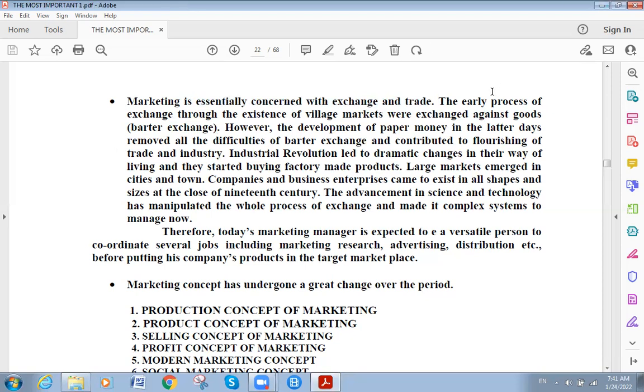But since money was developed later, this removed the difficulty of barter exchange and contributed to the flourishing of trade and industry.